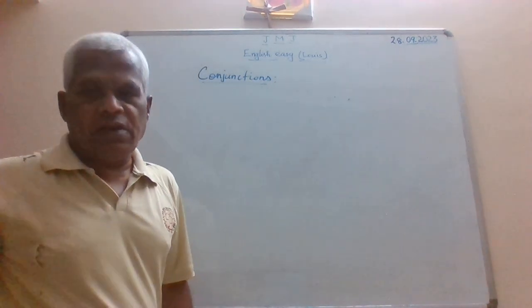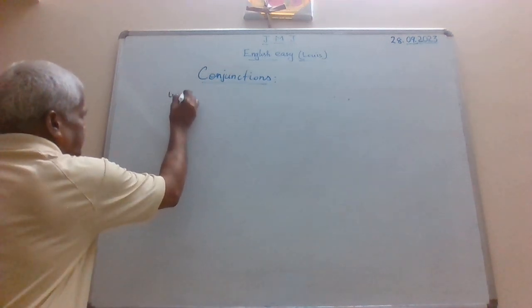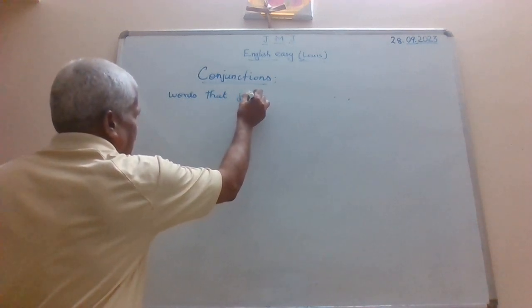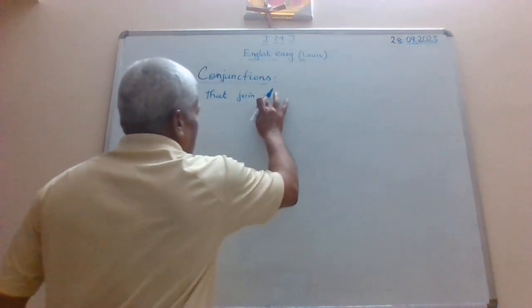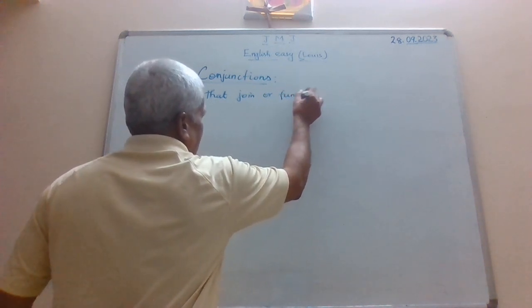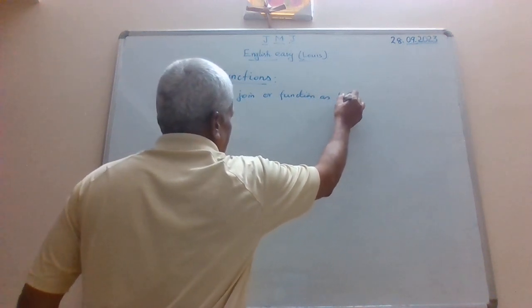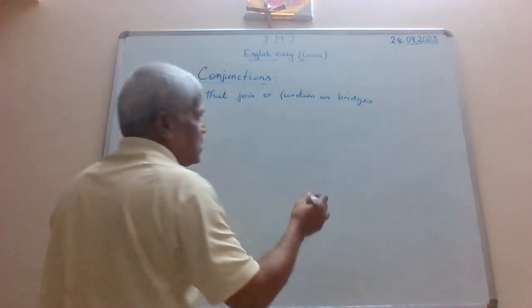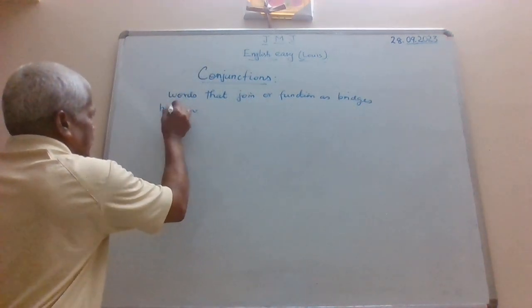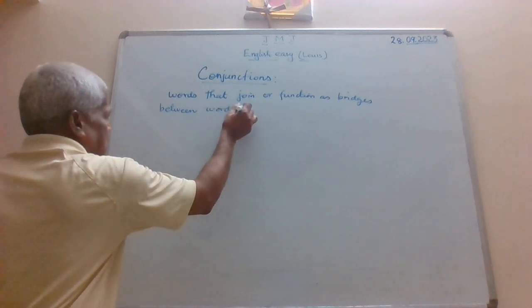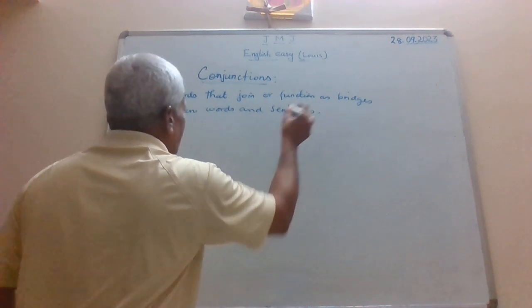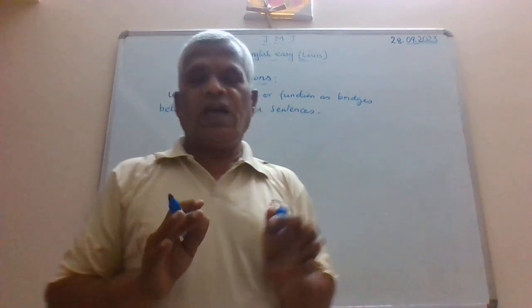Conjunctions are nothing but words that join or function as bridges between words and sentences. So they are like bridges.